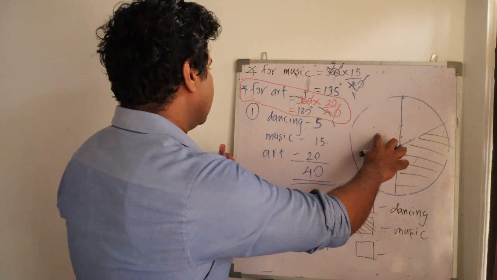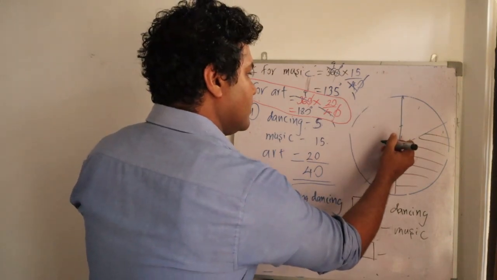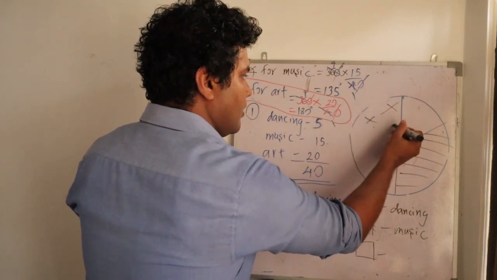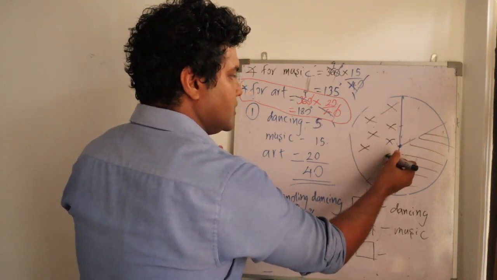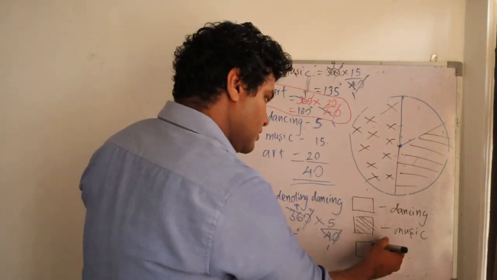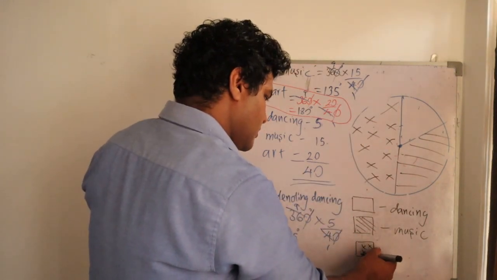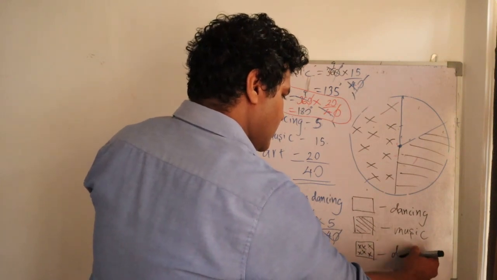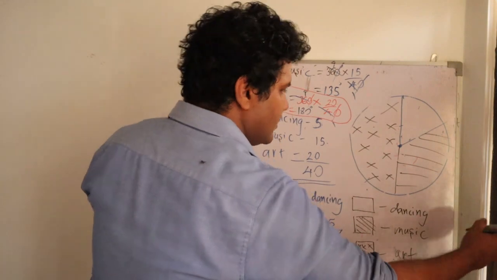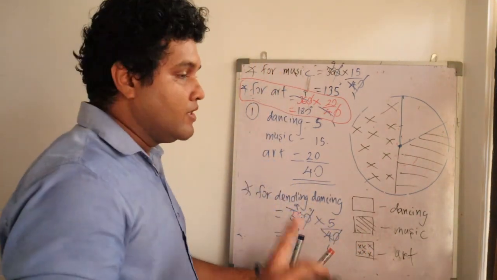And the remaining part describes art. I can have some pattern, or otherwise any pattern you like. This is for art. This is the complete answer for the first question.